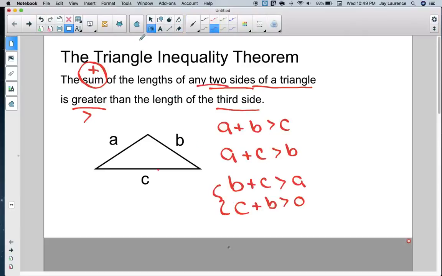B plus C and C plus B are the same according to the commutative property of addition, right? Commutative property, the order can change. So I'm going to go ahead and get rid of this, and there's my three inequalities. Now, when I go to apply this to a problem, one of these inequalities will probably be unnecessary, but we'll talk about that in a minute.